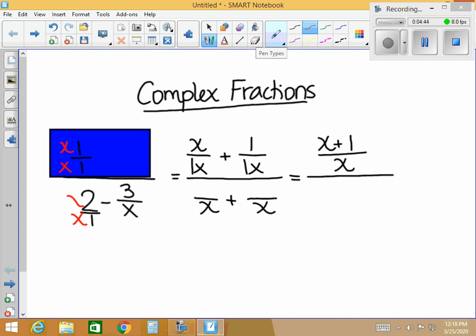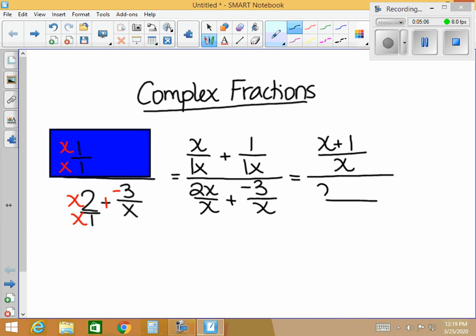Need an x on the bottom and an x on top here, so I get 2x. 3 over x is still 3 over x. I have that minus sign that I'm going to pop up next to it. It didn't hurt anything to leave it out in front this time, but sometimes it does, so I want to be consistent with my approach.